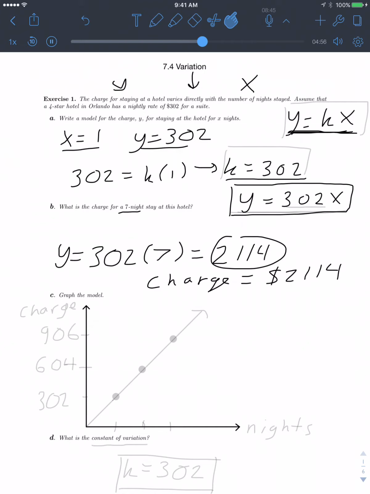So now that we have this model, we should be able to graph it relatively easily. In fact, all of the models that we'll see in this section can be graphed using techniques that we've already learned. So if you set up your axes, the first thing that you want to do is label them, and since we've assigned x to represent the number of nights stayed, we can say our horizontal axis will represent nights, and our vertical axis will represent the charge.